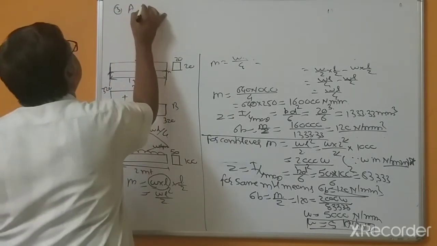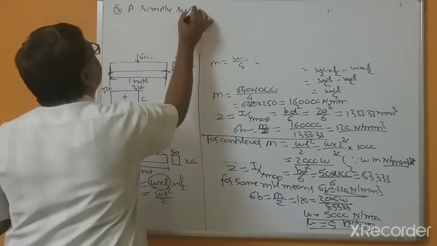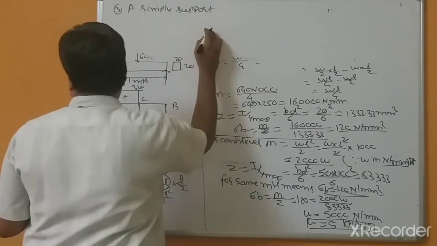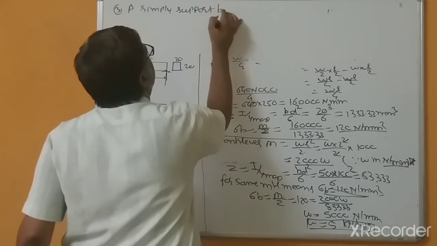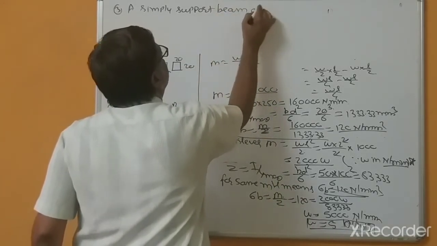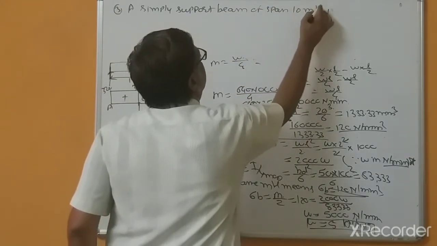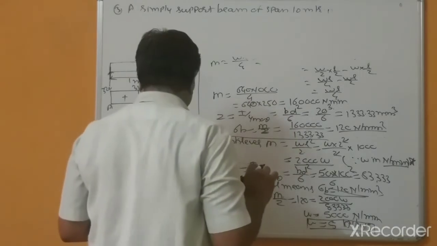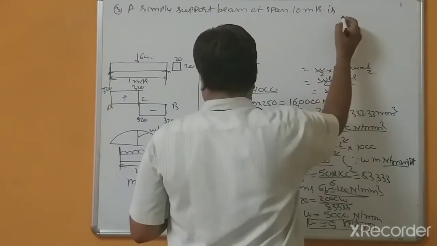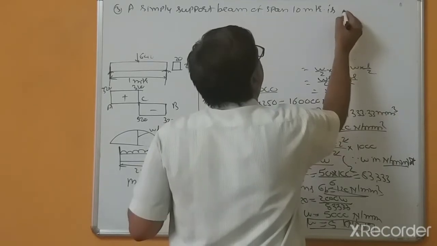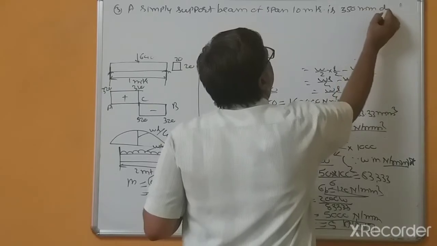A simply supported beam of span 10 meter is 350 mm deep.